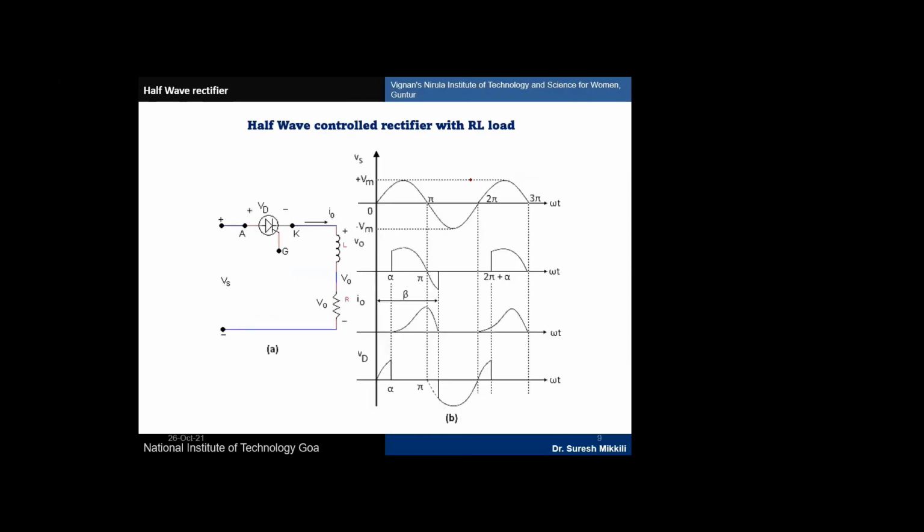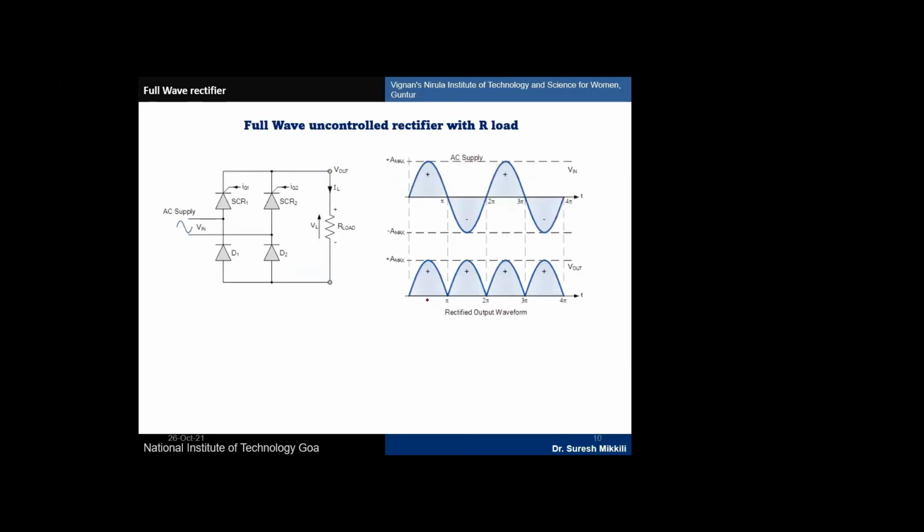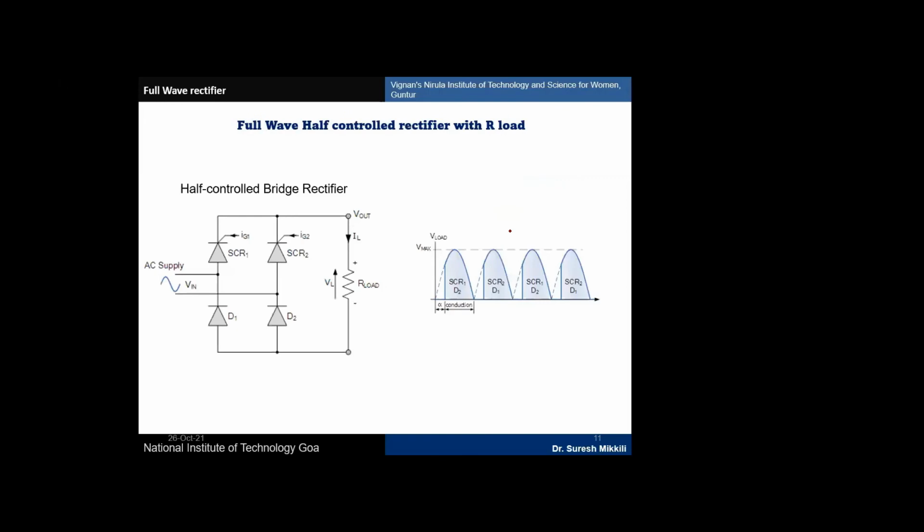Then, if I consider the same controlled rectifier with RL load, the controlled rectifier at 30 degrees with RL load has extra notches. Now we move to the semi-controlled rectifier. Here two are thyristors and two are diodes, and you will get a full wave rectifier. But, that is wrong. Consider this circuit.